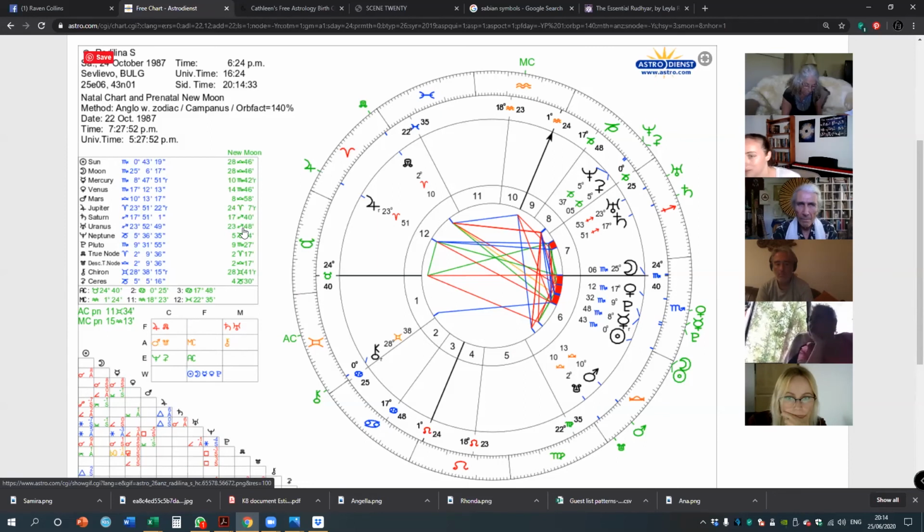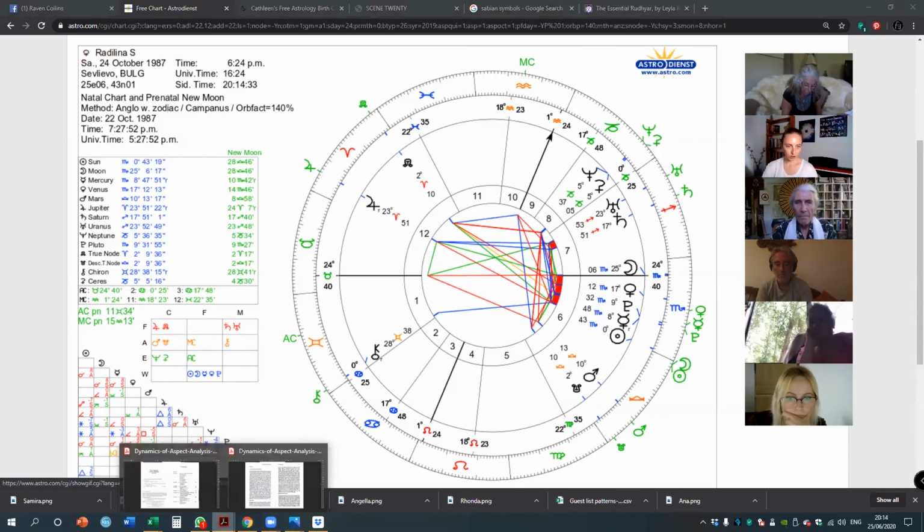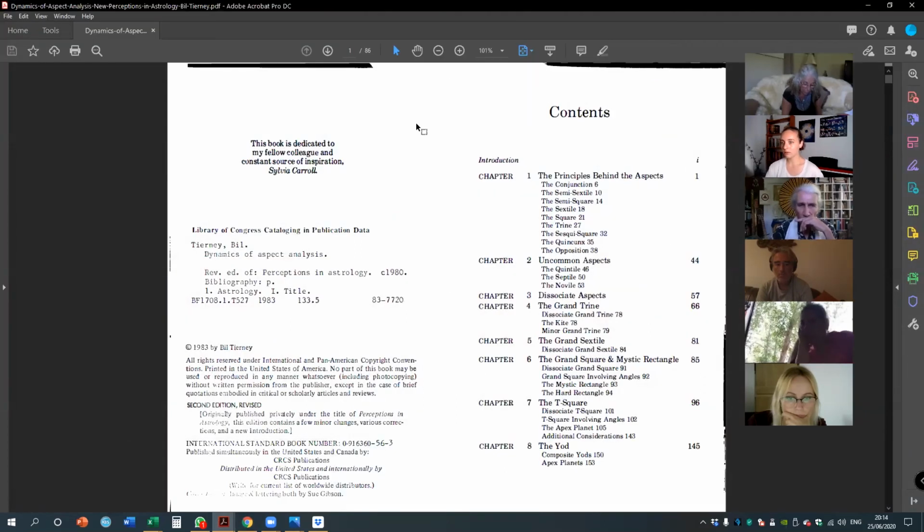And for that, we touched on last time. What I was saying is that if you don't have anything that fits into that, like say a yod or a mystic rectangle, whatever, then is it still a thing, or is it just a combination of aspects?